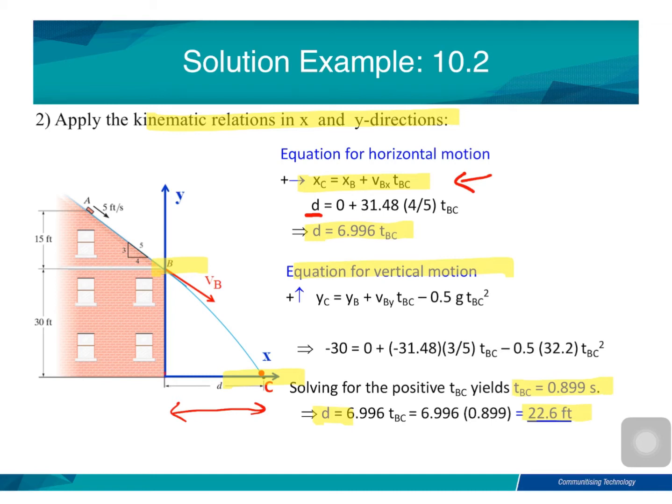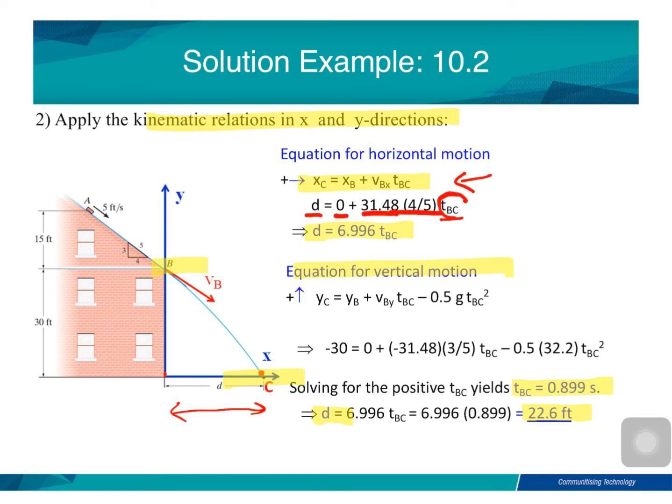XB here becomes 0 because we put the coordinate origin at B. So this is 0 plus VBX. So VBX we have calculated, and then don't forget to resolve it, and then we need to calculate the time TBC.